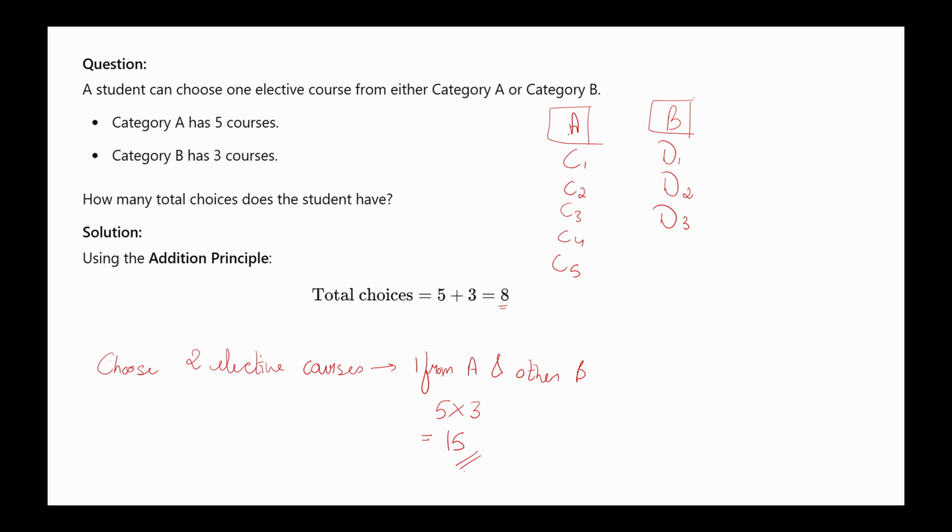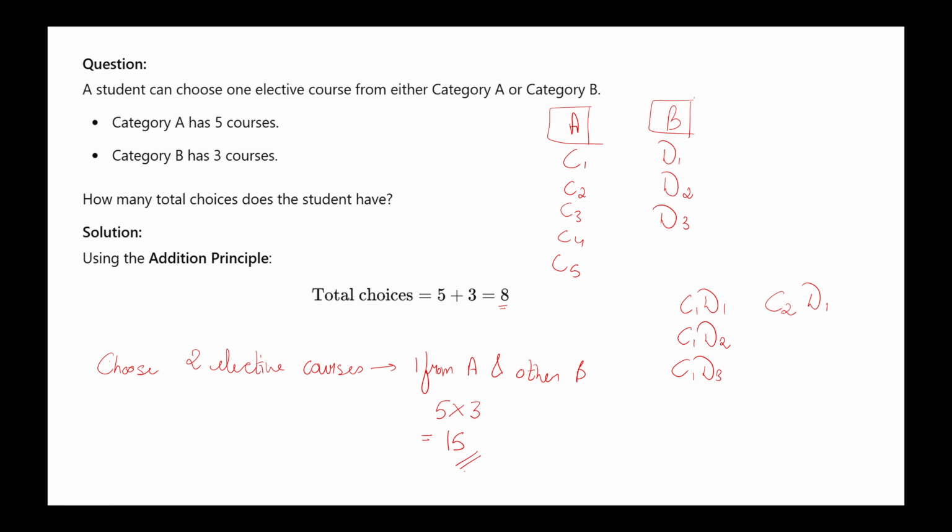Now you must be thinking how there are 15 combinations. From A, let's say I choose C1, and from B I have 3 choices. I can choose D1, my other combination could be C1 D2, and the other C1 D3. I have to choose 2 courses, from A and B. If I choose, let's say, C2 from A, then I could again choose D1.